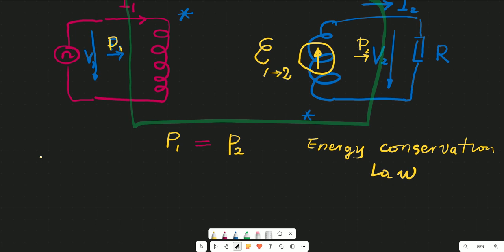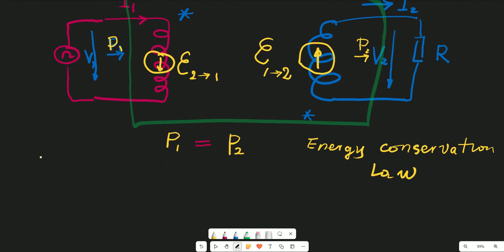And the secondary will also give an electromotive force. The electromotive force has the same direction as the current. This is the secondary giving to the primary.